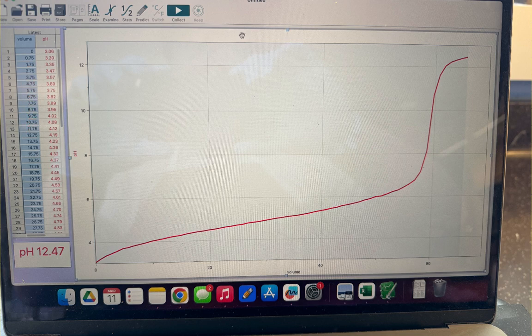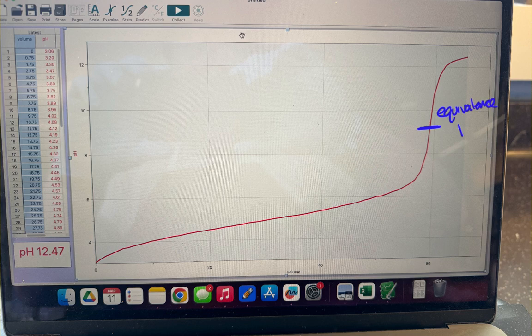This is the total volume, so I went 1 milliliter at a time, and then it records the pH, and you can see the current pH reading there at the bottom left, 12.47. And so we get all these data points, and it makes a curve for us, and so your curve will look something like this. Now, where you get the steep increase over here, this is the equivalence point.